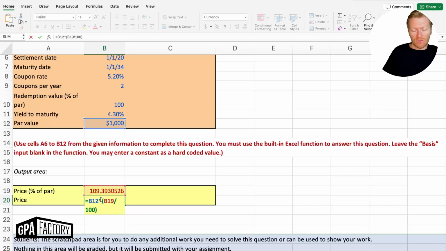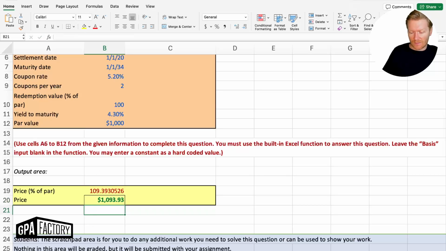Because we want to multiply it by whatever that decimal form is of the 1,000. So we'd want to multiply the 1,000 by 1.09. We would not want to multiply by 109 because then it would tell us $100,000 when really the par value is 1,000. Doesn't really make sense. So we're actually multiplying by 1.09. So that's how we would do that. Boom. And we've got that price.